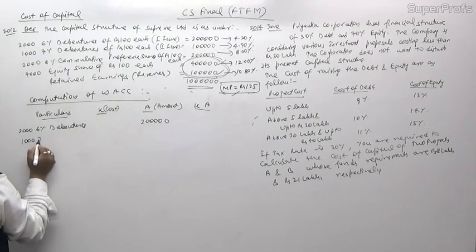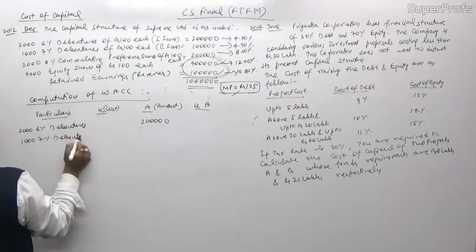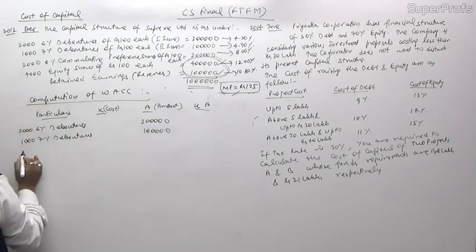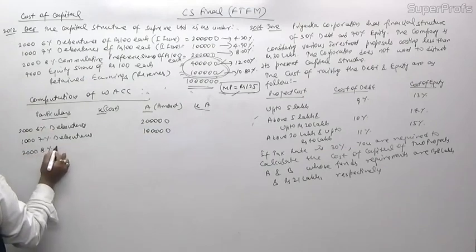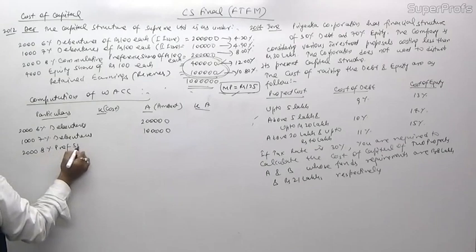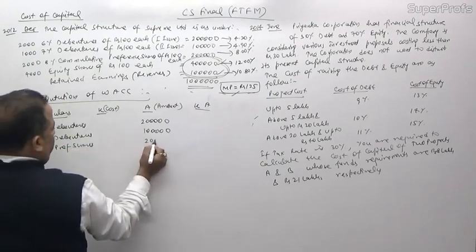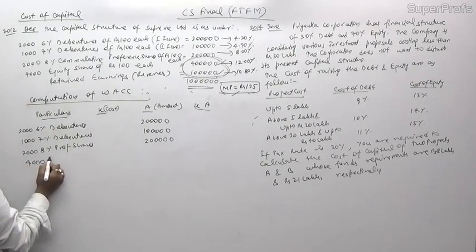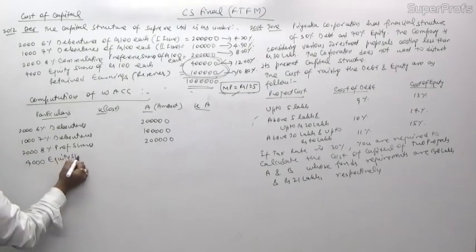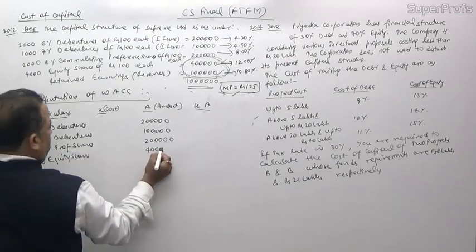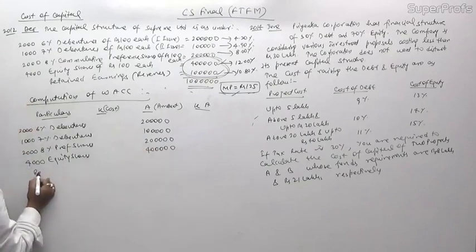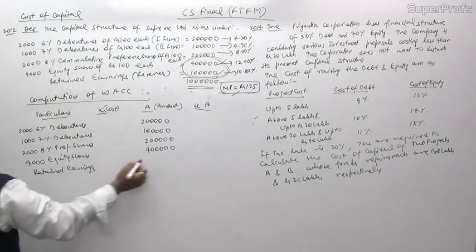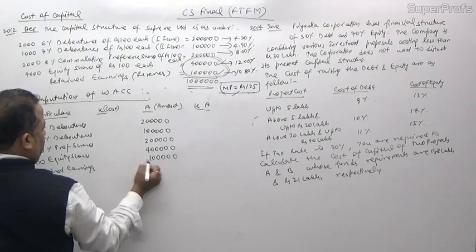The second component, 7% debentures of rupees 1 lakh. 8% preference share of rupees 2 lakh, 4,000 equity shares of rupees 4 lakh, retained earnings of rupees 1 lakh.